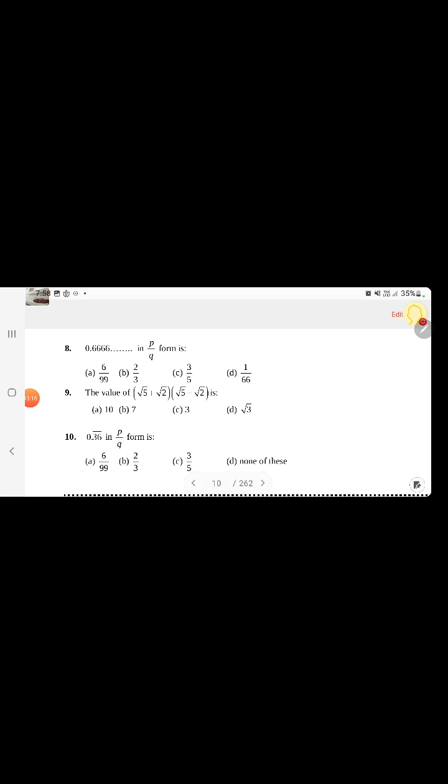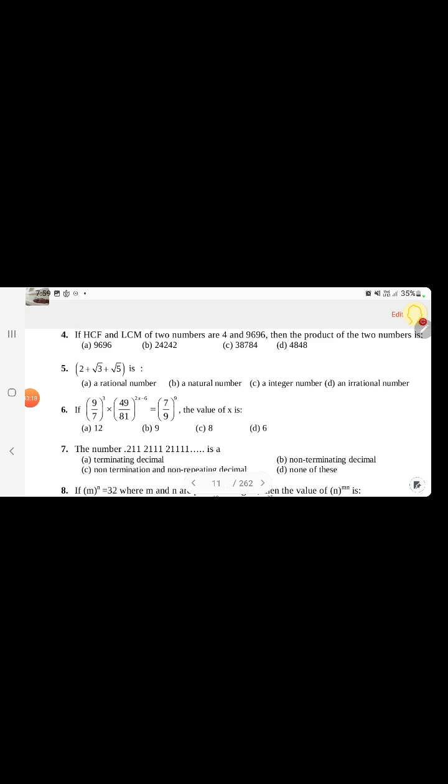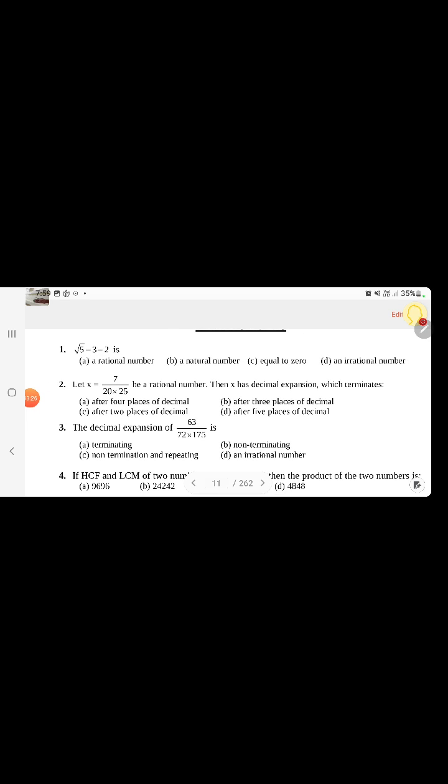Now let's solve one more MCQ worksheet in the same chapter. This is worksheet 2, chapter 1. The first question is root 5 minus 3 minus 2 is, the options are a rational number, a natural number, equal to 0, and an irrational number. The number which is not of the form p by q is an irrational number.